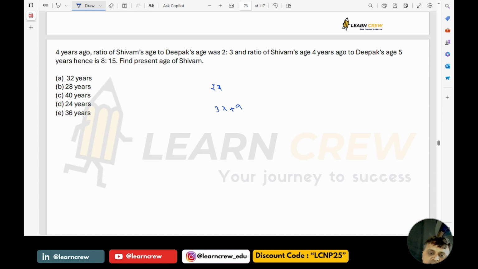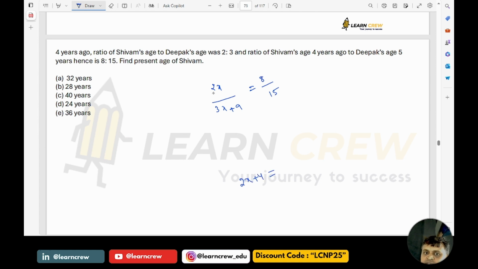After 5 years, 2x plus 9 and 3x plus 9. But it is asked for the ratio of Shivam's age 4 years ago, 2x, and Deepak's age 5 years hence, which is 8:15. Then find the present age of Shivam, so 2x plus 4 is the question.